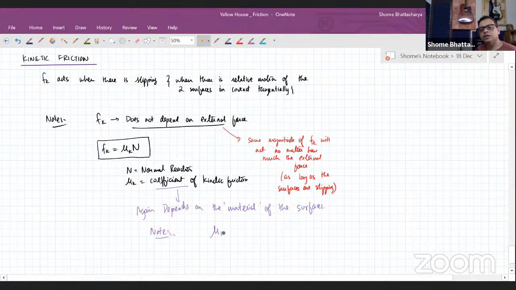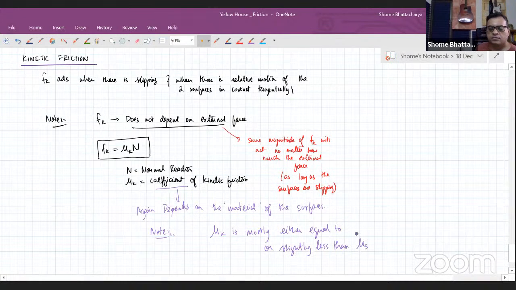The value of mu k is mostly either equal to or slightly less than the value of mu s. So whatever value of coefficient of static friction between two materials, typically the coefficient of kinetic friction mu k will either be exactly the same or slightly less.